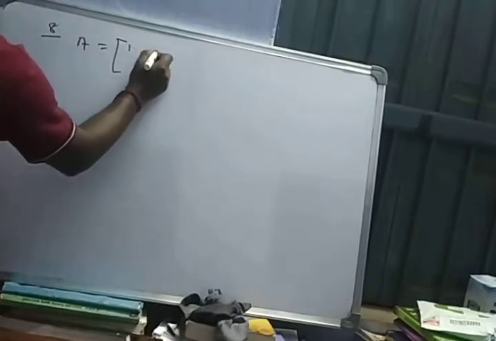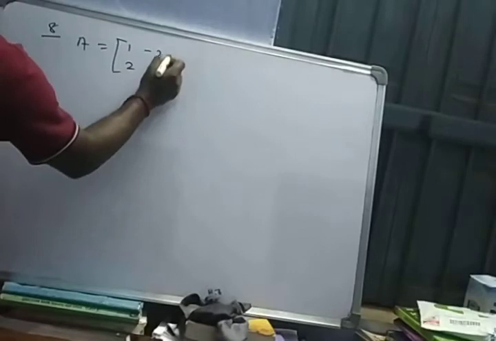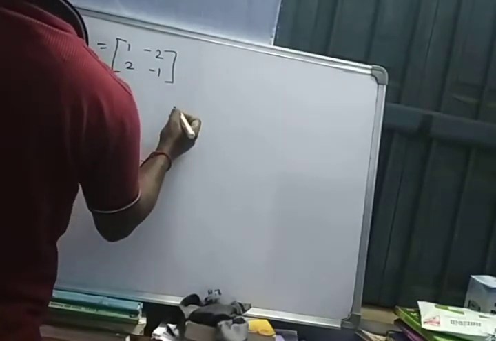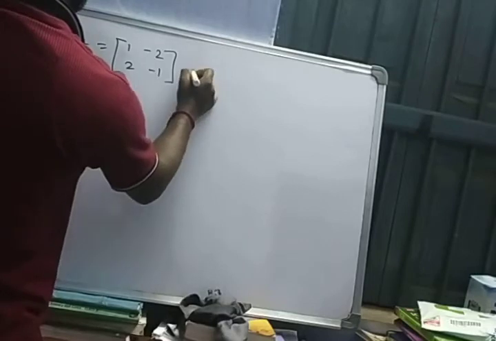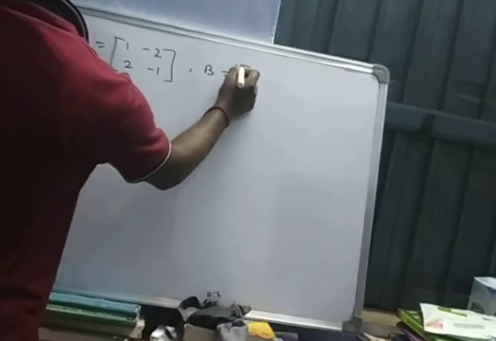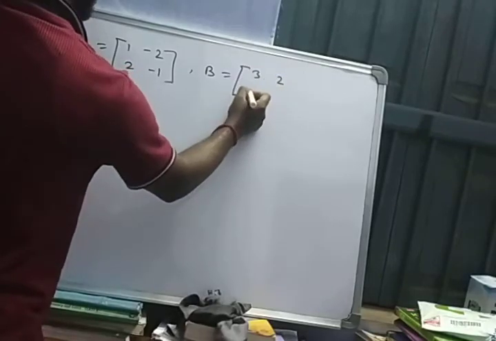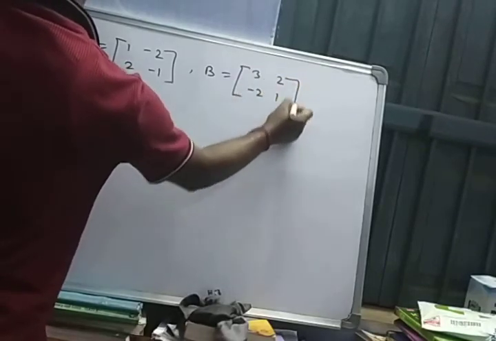Now number 8. A equals 1, minus 2, 2, minus 1, and B equals 3, 2, minus 2, 1.